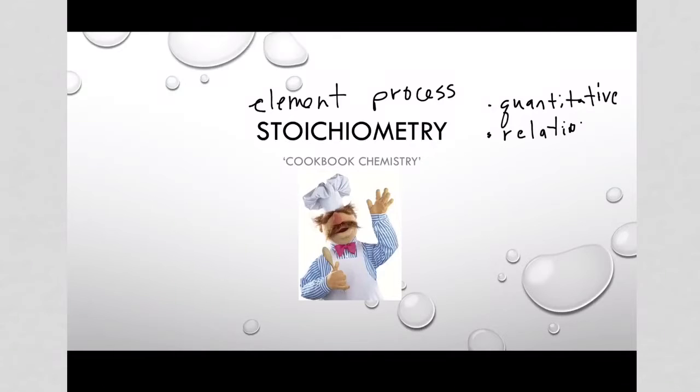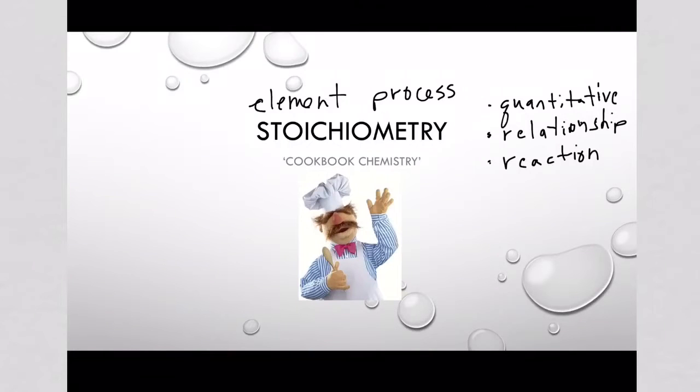So one thing is going to be dependent on another, and the amounts that we're dealing with are going to be dependent on one thing or another. And then the other thing I said were substances in a reaction. So these are all going to be reaction based, and that's what we've been covering before: the different types of reactions, how to balance reactions. So we're going to be putting all of this together.